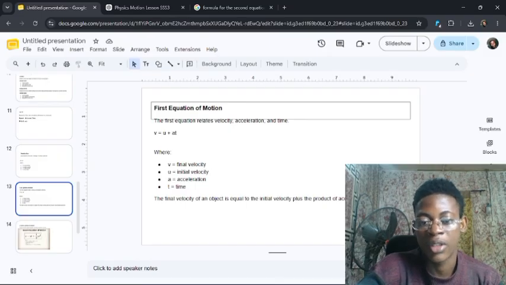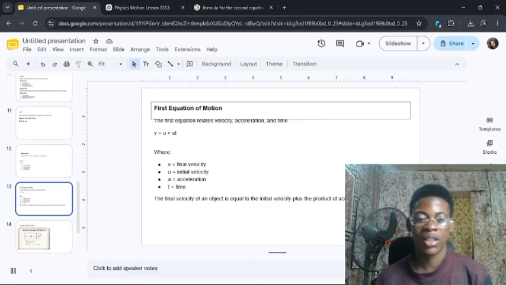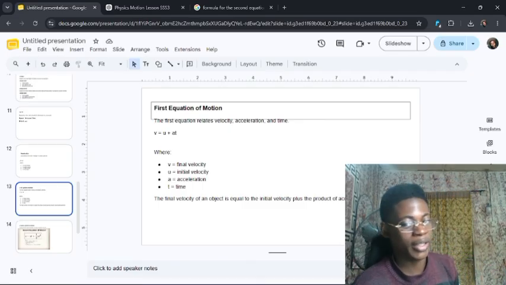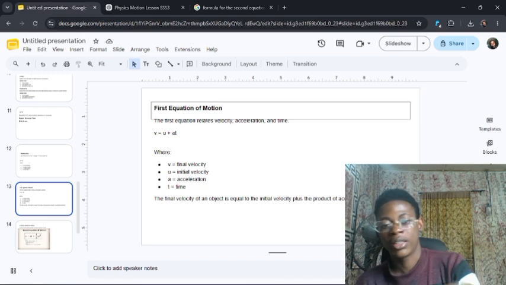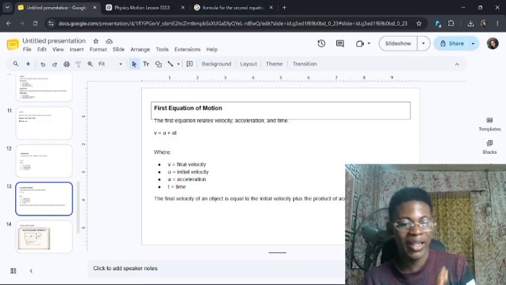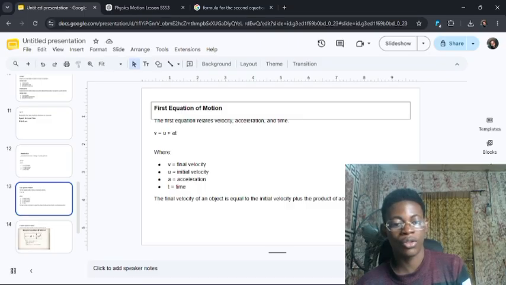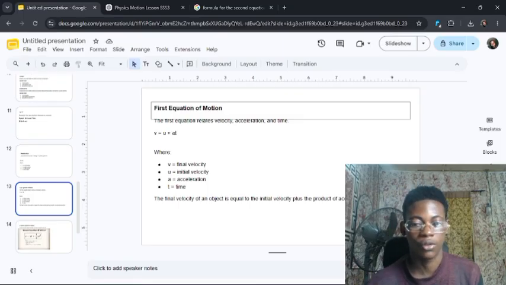The final velocity of an object is equal to the initial velocity plus the product of acceleration and time. So that's how we find the first equation of motion.